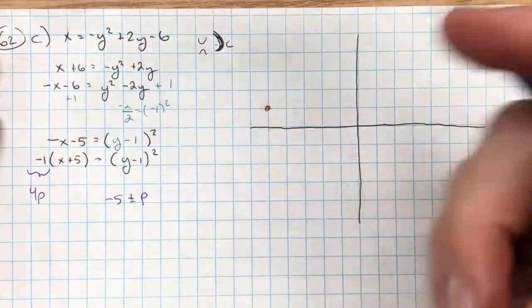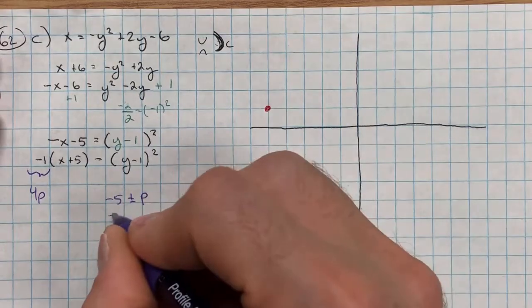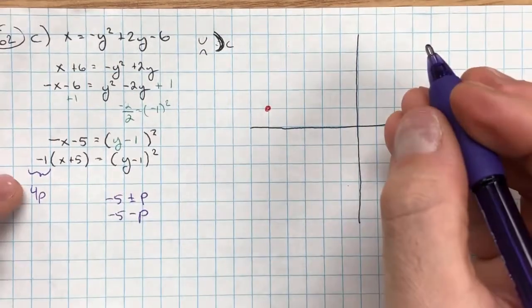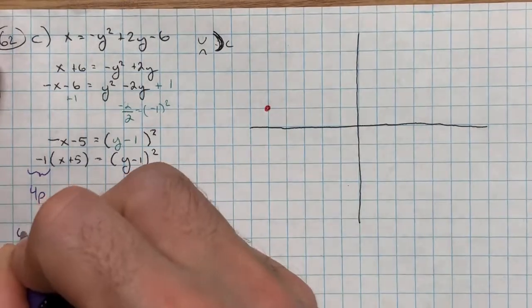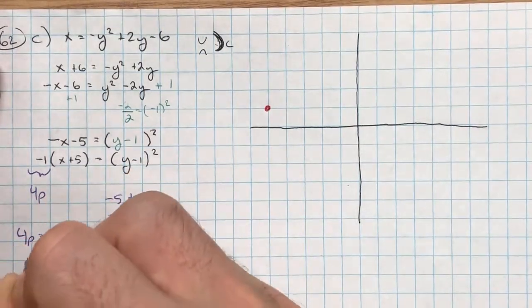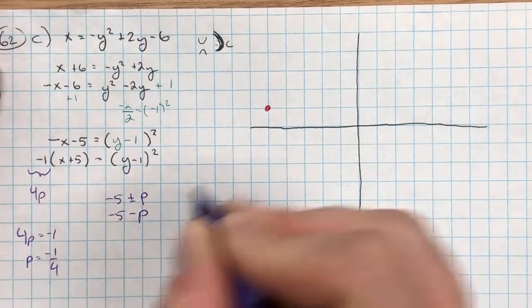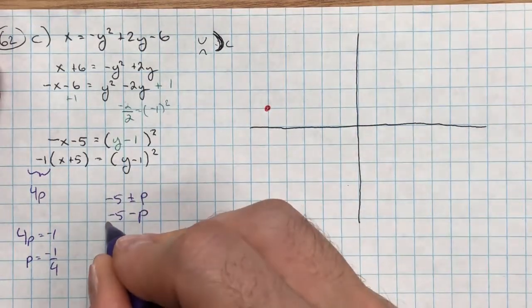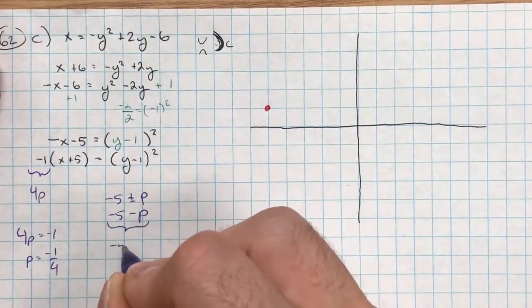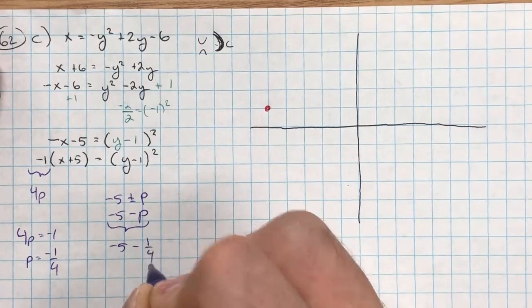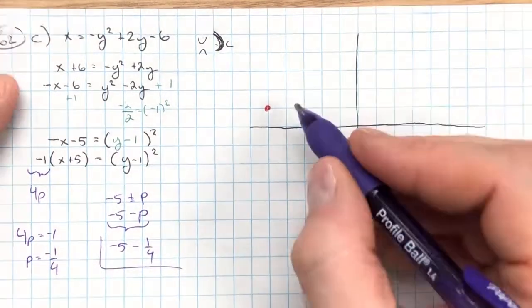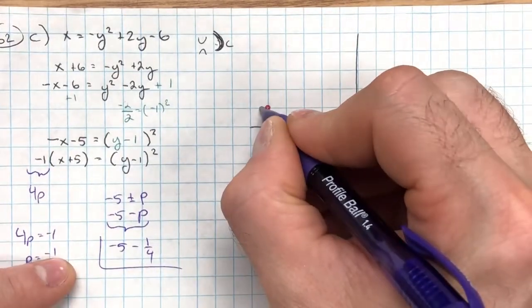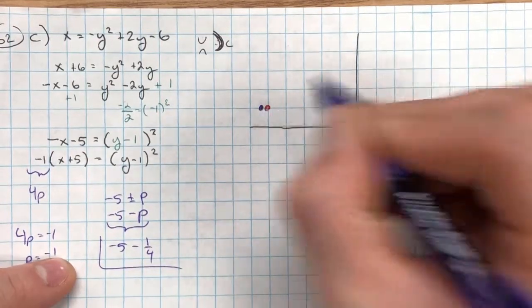Because we know it's opening to the left, it's going to be negative 5 minus p. So let's figure out what p is if 4p is negative 1. So 4p is negative 1, which means p is negative 1/4. So that means that my focus is at negative 5 minus 1/4.